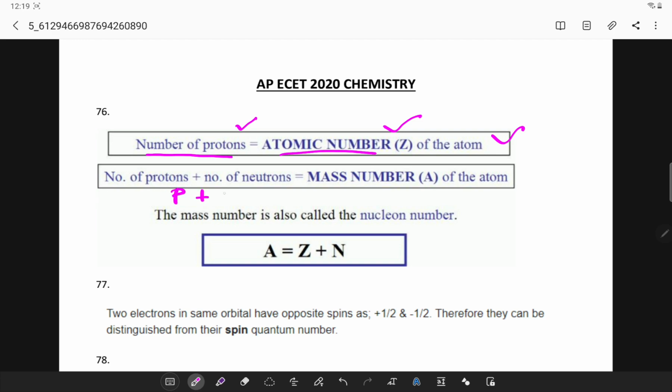However, protons plus neutrons will be the mass number, or simply I can say the number of neutrons is the mass number A minus protons.